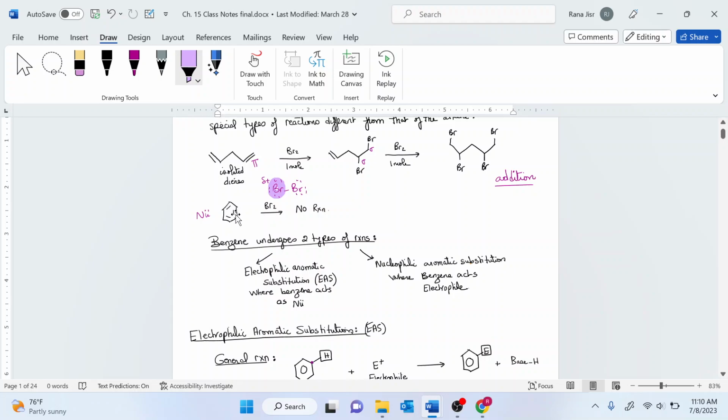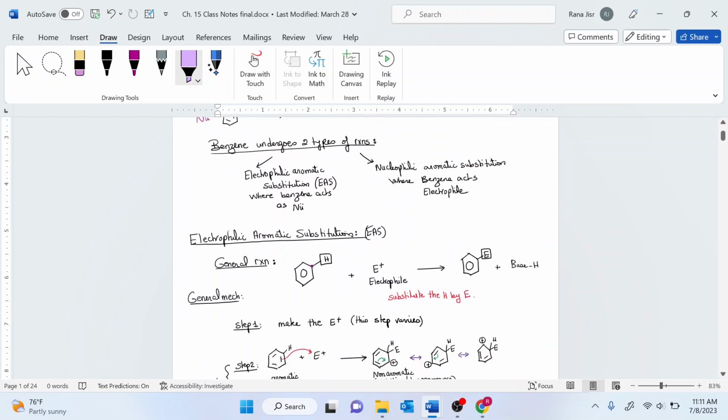So in order for benzene to undergo electrophilic aromatic substitution, you would need to form an electrophile. And that electrophile needs to be in desperate need of electrons so that it can react with the benzene and a product can happen. So let's start with the first type of benzene reactions.